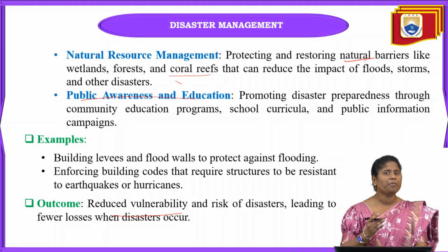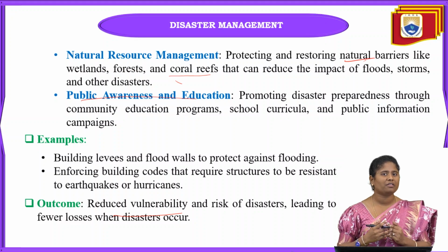When we are already prepared to face a disaster, some part of the disaster loss can be easily lessened. So we have to be prepared for the occurrence of disasters, whether by educating the people, or adding disaster preparedness to the school curriculum, or protecting natural resources.